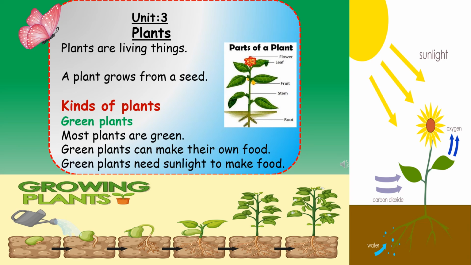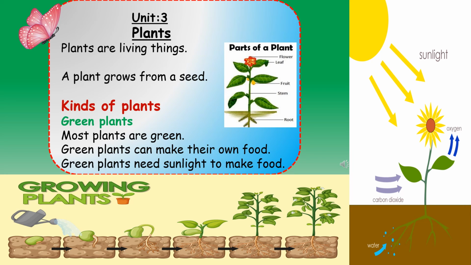Okay, so these green plants use sunlight energy to change water and carbon dioxide in the air into oxygen and sugar, and the plants use some of the sugar and store the rest. This is how these plants make their food.